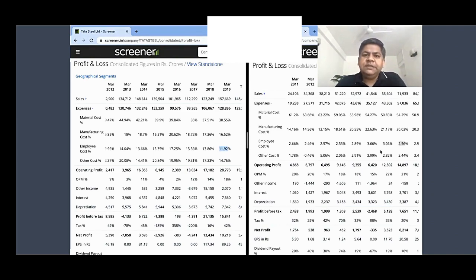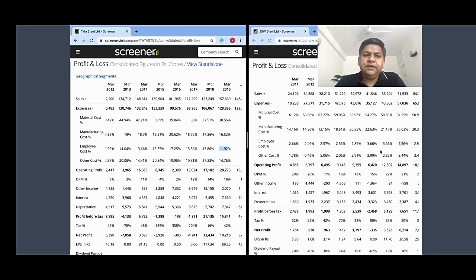In smaller companies, even these numbers get fabricated. You have to be aware of that. You have to identify more. In the initial days, unless and until you know one company very, very well, you cannot only rely on the P&L statements. You also have to do the qualitative analysis as well.